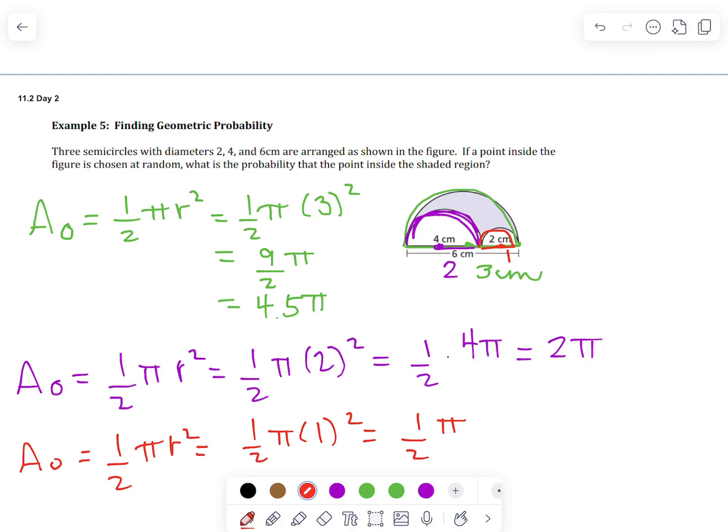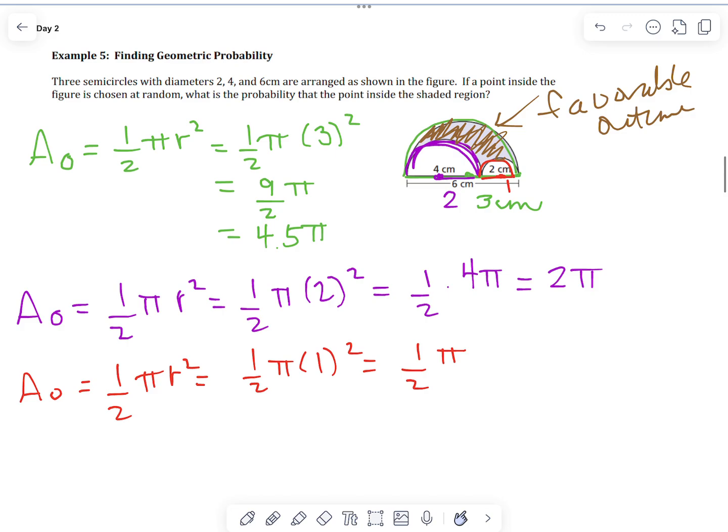Now what we want to do is figure out this shaded area in the brown. And that is the favorable outcome. So we have to subtract out, favorable, oops, I'm trying to write favorable here.